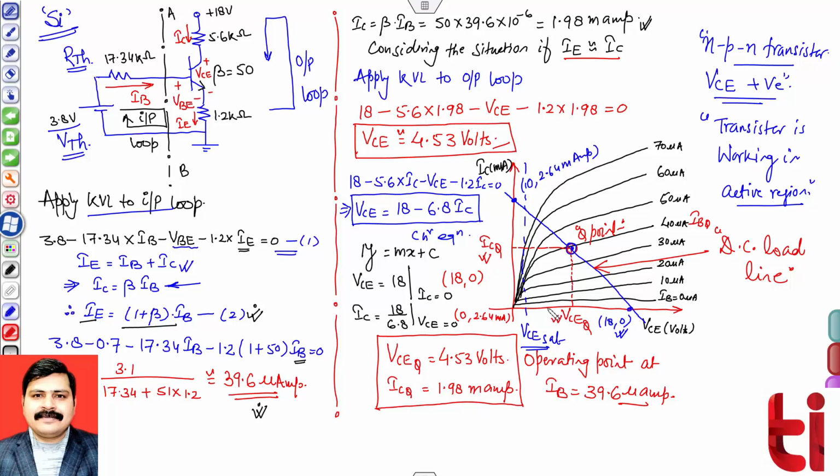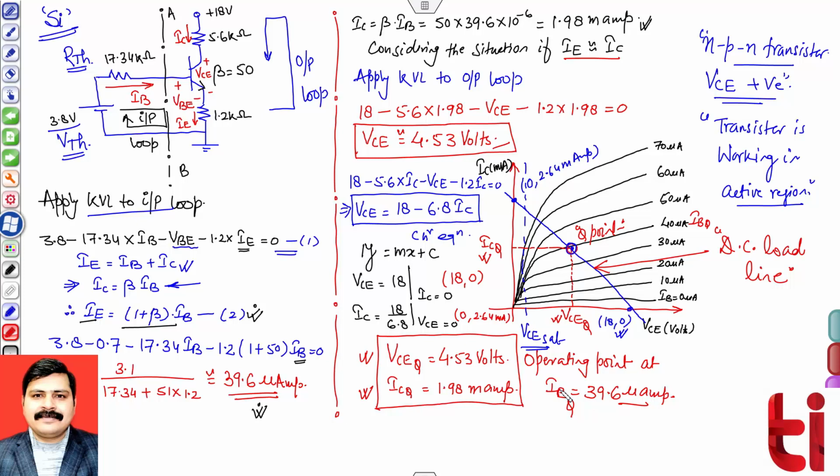So we can verify these two results, ICQ is 1.98 milliampere graphically, and VCEQ is over here 4.53. So these are the terms which we have calculated, my operating point VCEQ and ICQ for the given problem, and my IBQ was 39.6 microampere. So this is the complete solution.